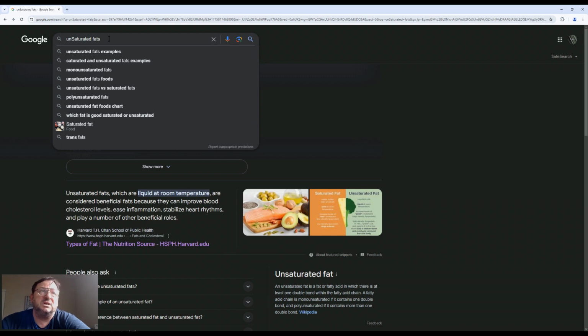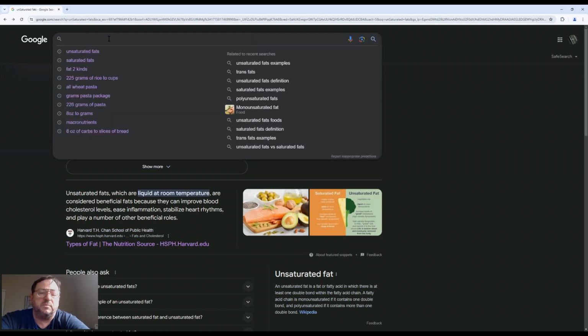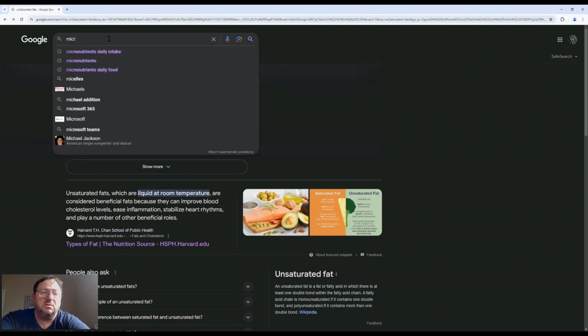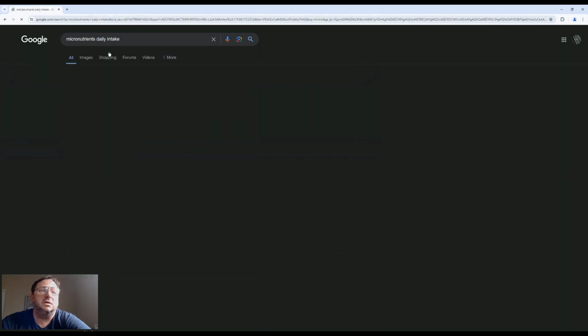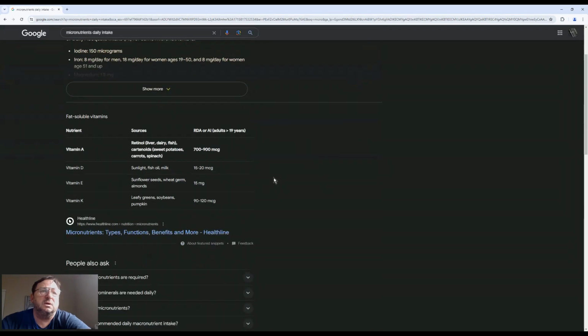To me, it's easy in grams. So you have macro and micro nutrients, daily intake, and you check on daily intake.